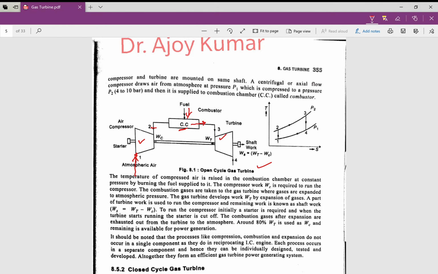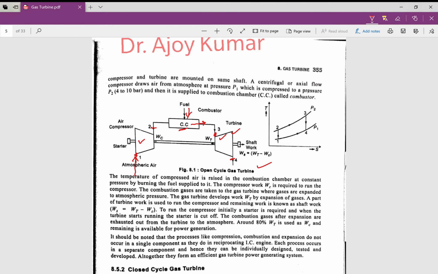Turbine, as you know, my dear students, is an expansion device. So hot air is expanded from high pressure to low pressure, high pressure at point 3 and low pressure at point 4. So this turbine produces power.